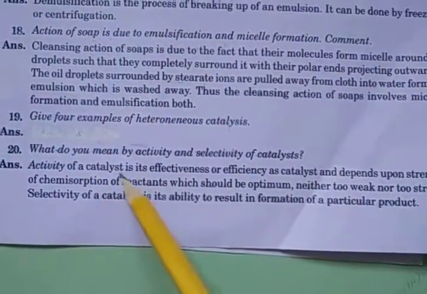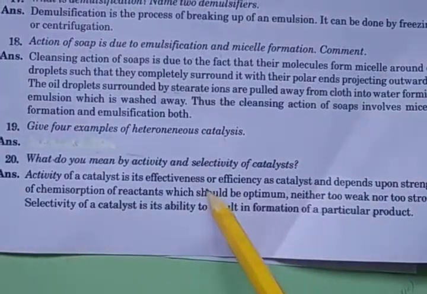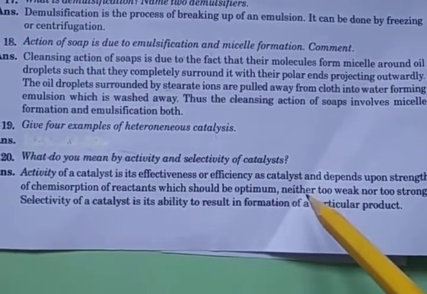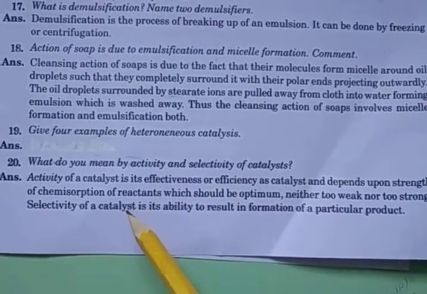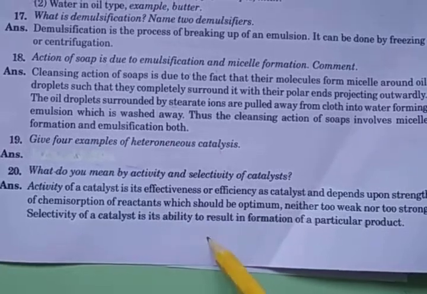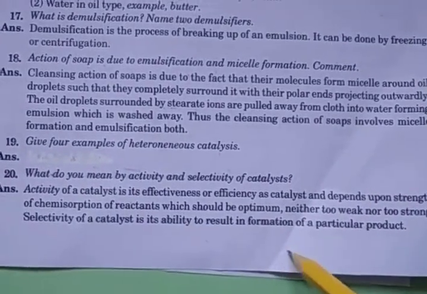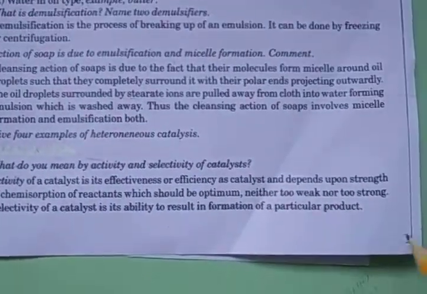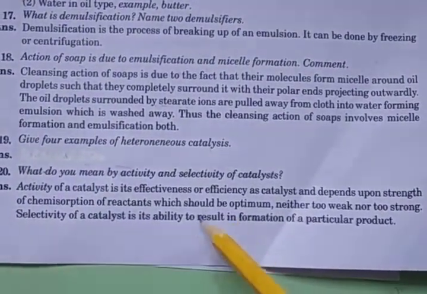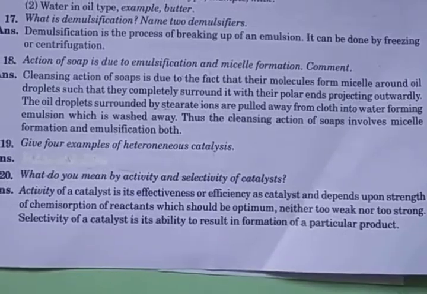But selectivity of a catalyst is its ability to result in the formation of a particular product. So selectivity of a catalyst results in the formation of the particular product.